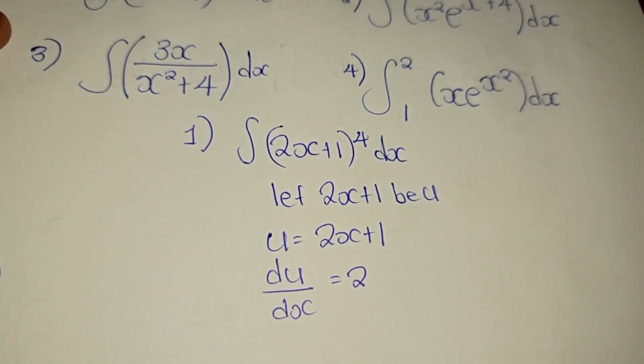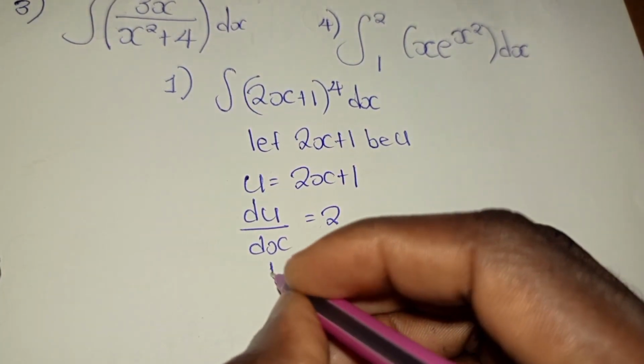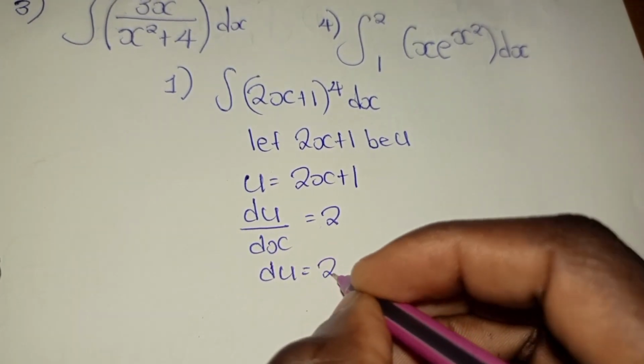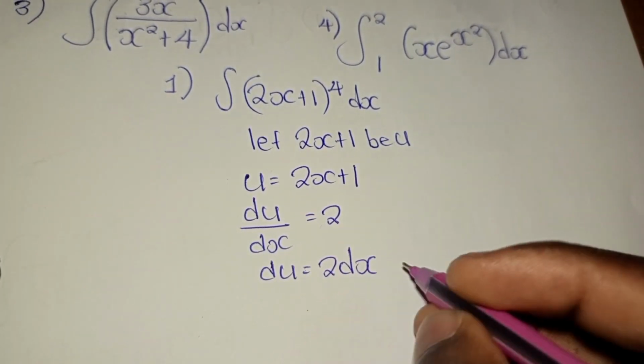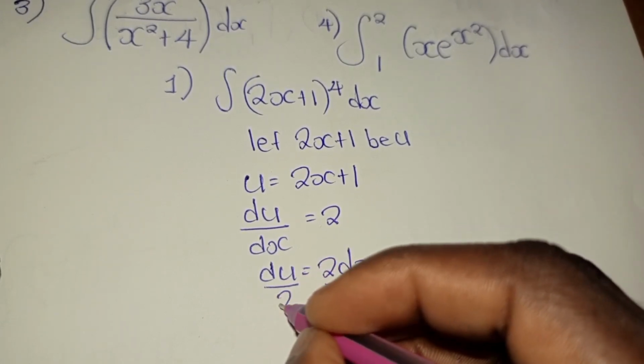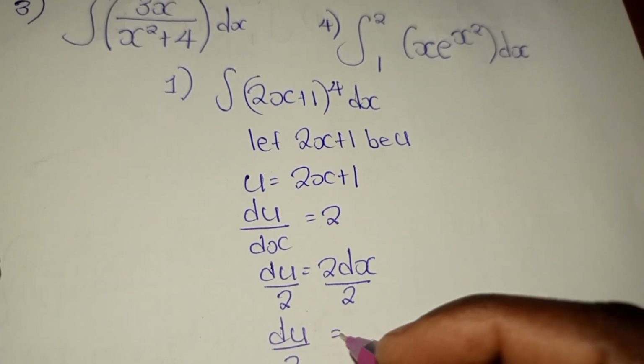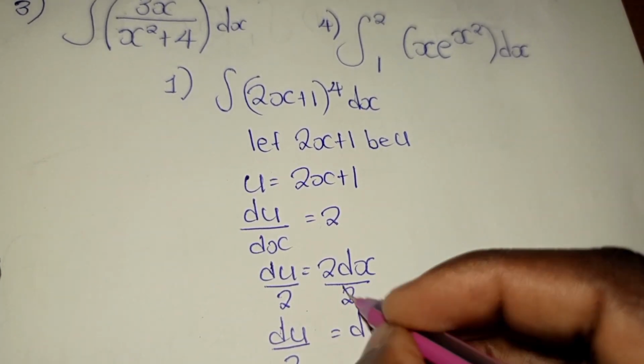Immediately we find the derivative, we now make dx the subject of the function, where we will have du equal to 2 dx. Our main interest is to make dx the subject, so we divide both sides by 2. So we have du over 2 equal to dx.